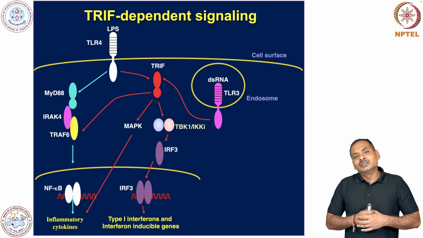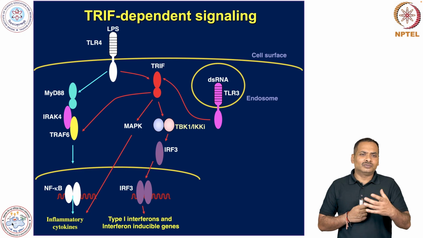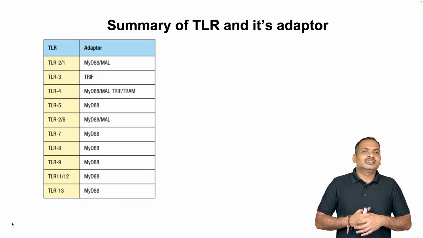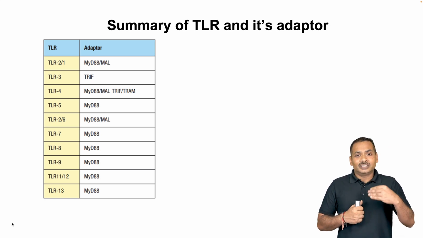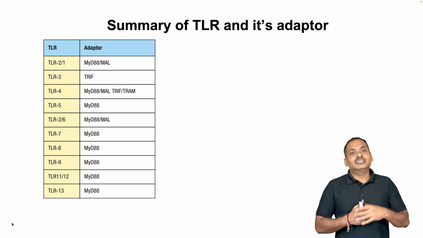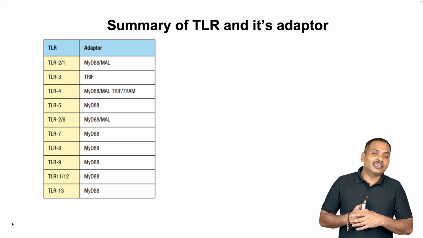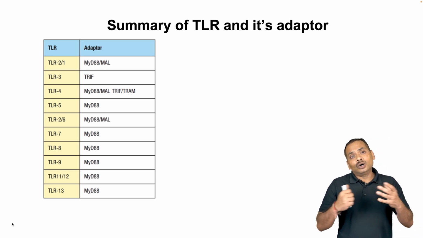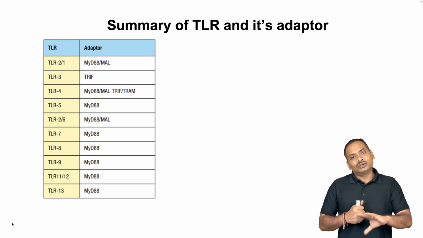Now, I will just summarize this TLR signaling with one very simple slide here, in order to remember what the adapters used by the various TLRs are. TLR2, along with 1 and 6, use MyD88 and TIRAP or MAL, and TLR4 uses all adapters, that is MyD88, TIRAP or MAL.